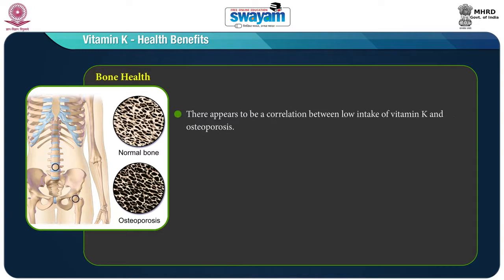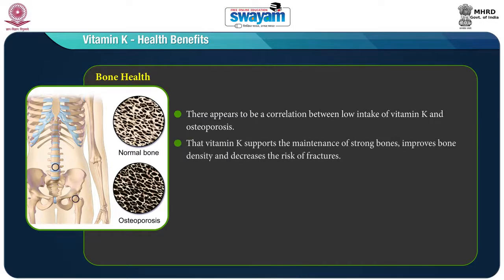There appears to be a correlation between low intake of vitamin K and osteoporosis. Several studies have suggested that vitamin K supports the maintenance of strong bones, improves bone density and decreases the risk of fractures.